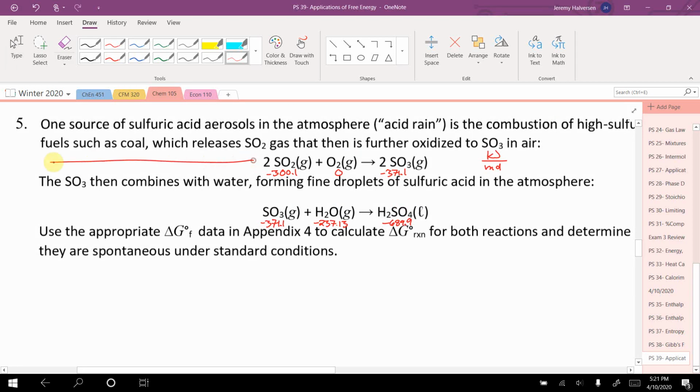So for this first one, delta G naught of reaction is going to be products minus reactants. 2 SO3s, my products, minus my reactants, 2 SO2s, and 1 oxygen. Sorry, I shouldn't have said sulfuric acid.